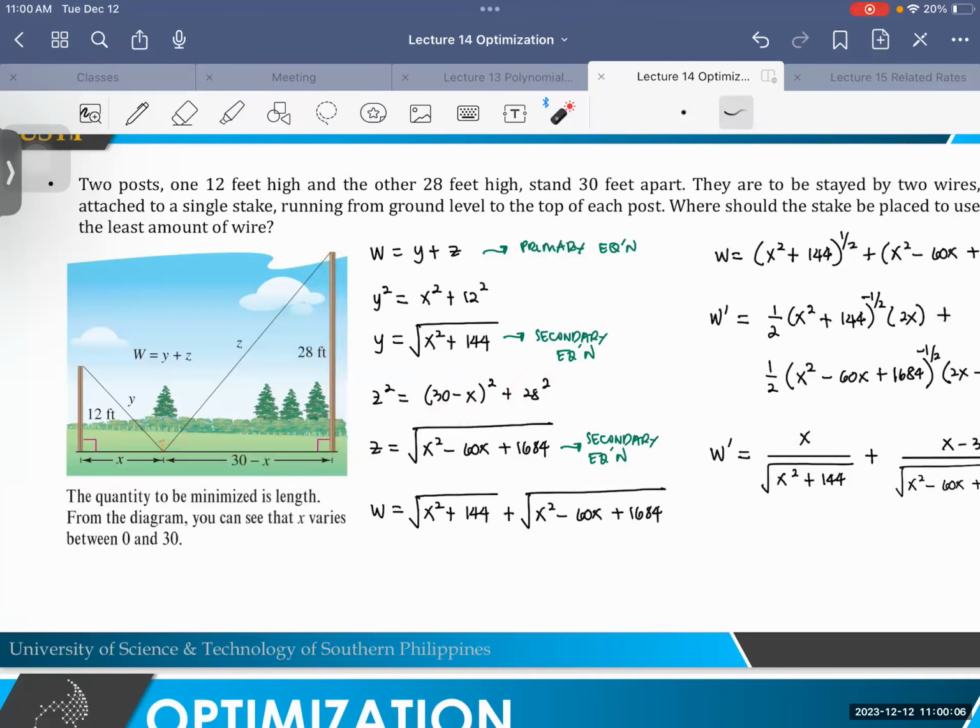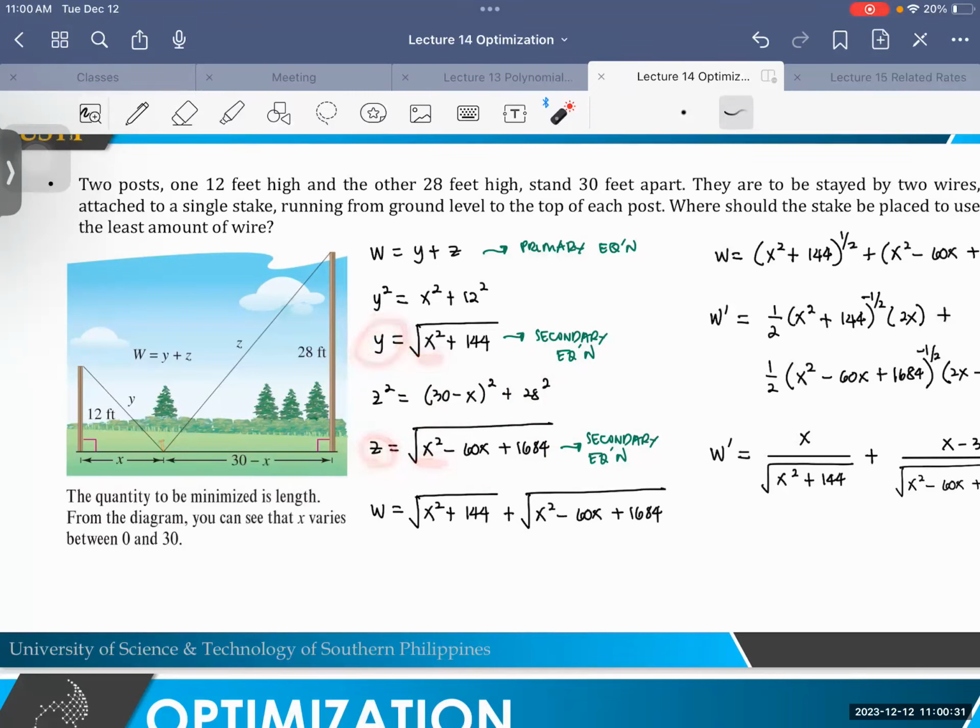So simplifying all of this class, that would be x squared minus 60x plus 1684, and that's your another secondary equation. Kaya di ba pwede man ta multiple number of secondary equations? Okay.